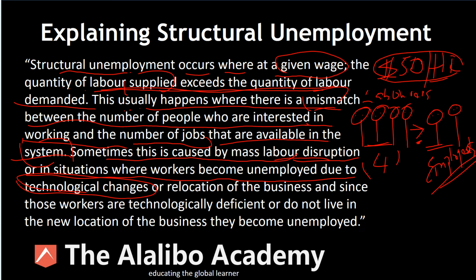Workers that are not successful, are not competitive, haven't upgraded, are out there because the employers just don't need them. They don't have anything to add to the workplace, and so they become unemployed, and they add to this situation of the supply of labor outweighing the demand for labor.